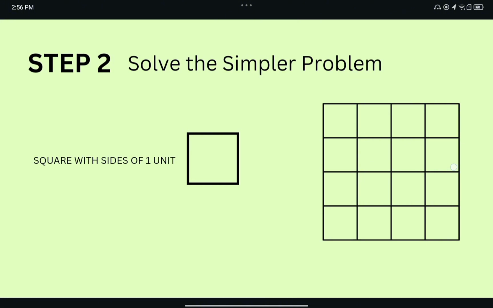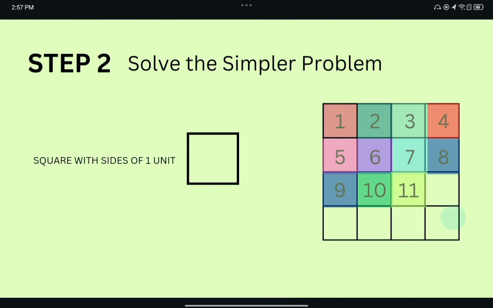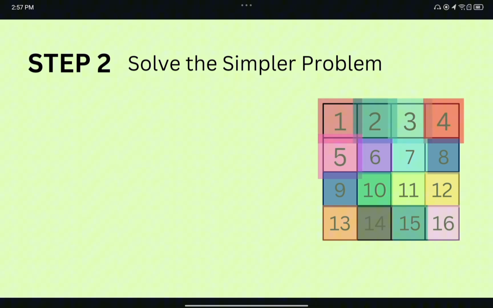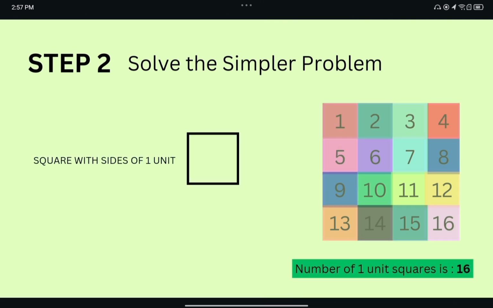We have 1, 2, 3, 4, 5, 6, 7, 8, 9, 10, 11, 12, 13, 14, 15, 16. So the number of 1 unit squares is equal to 16.